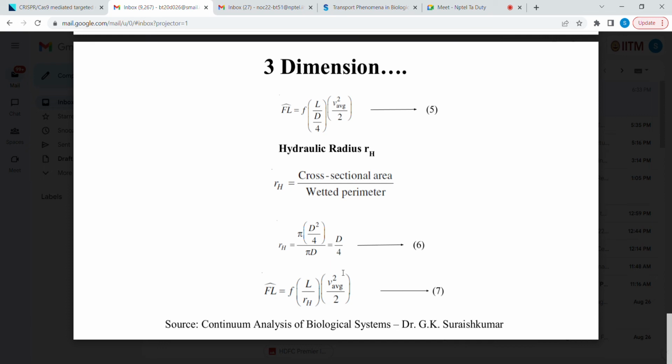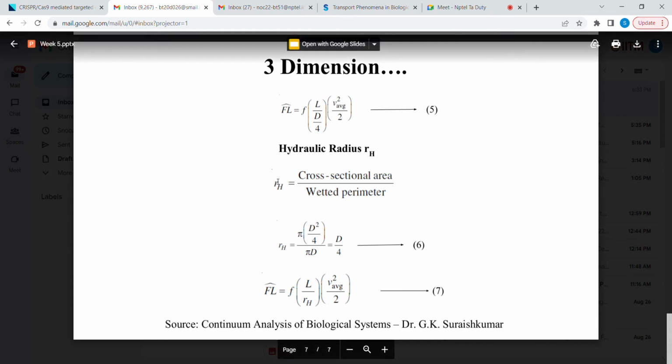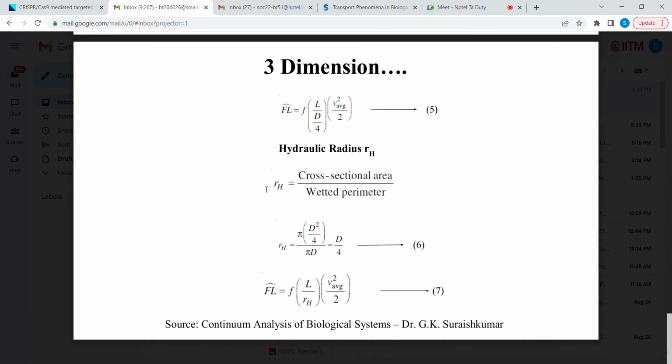There might be non-cylindrical pipes, there might be complex pipes with complex curvatures, etc. So this hydraulic radius normalizes this frictional loss per unit mass to any kind of pipe or a system of pipes, for the sake of simplicity.